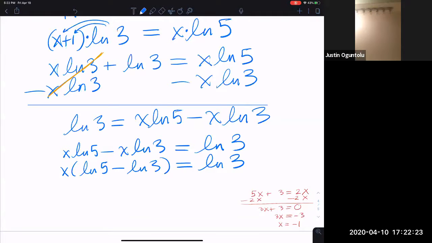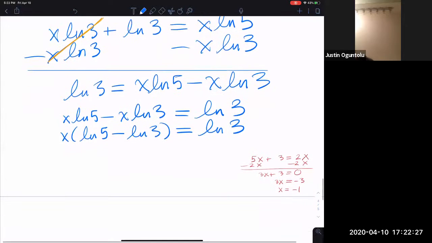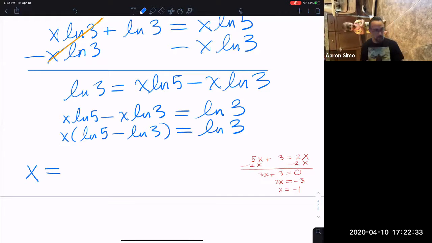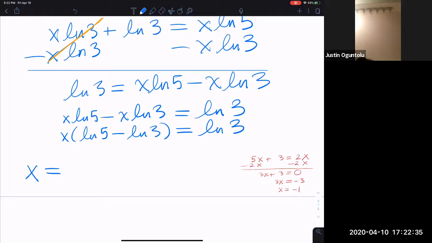So now we can divide both sides by ln 5 minus ln 3. And if you do that, what do you get? You get x equals ln 3 over ln 5 minus ln 3.